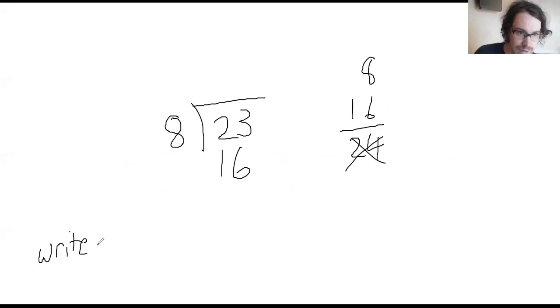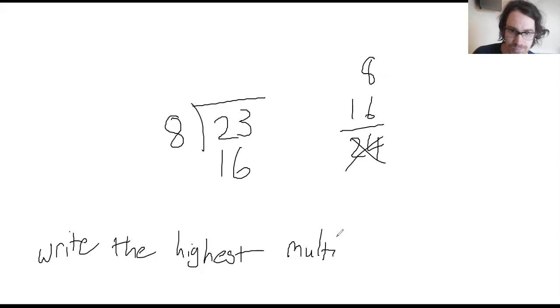Write the highest multiple below. So the number of 8s we can do to get that multiple, we'll put on the top.